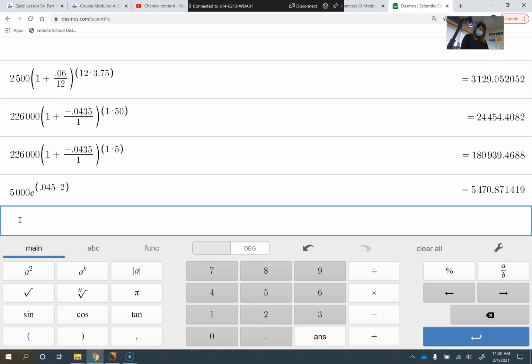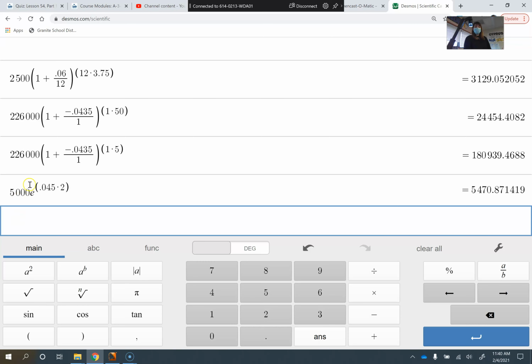Is that what you guys are getting? Okay, so at this point, having it compounded twice a year is better. Just a teeny tiny amount better. Would you agree? Now they want to know what happens after 10 years.